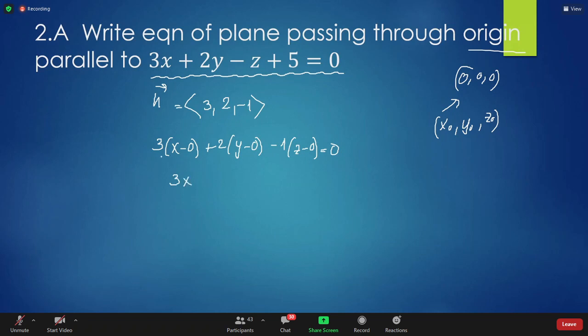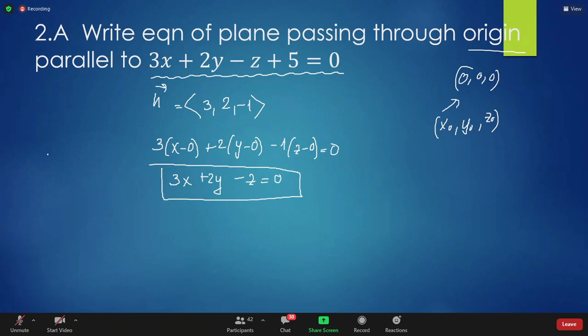Now opening the brackets, 3x plus 2y minus 1z, everything else, 0 times whatever, will disappear. So the equation of the plane that we seek is this, the equation of the plane passing through the origin parallel to the given plane.